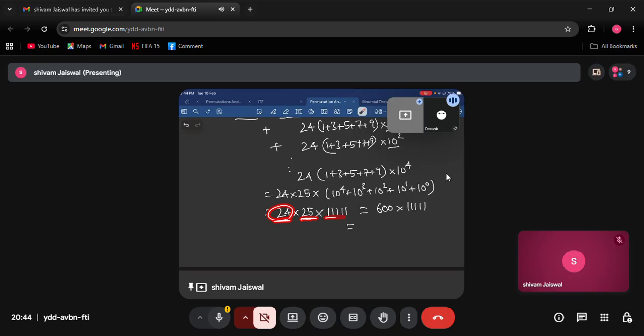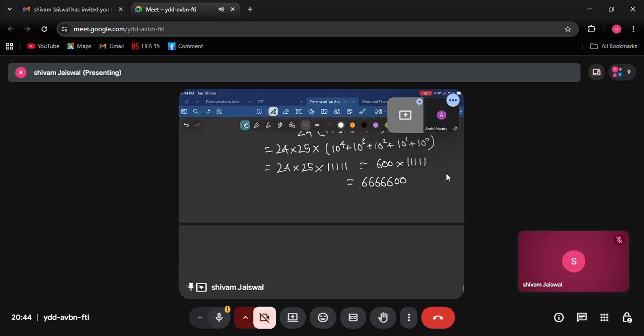This will be multiplied by 10 to the power 4 plus 10 cube plus 10 square plus 10 to the power 1 plus 10 to the power 0. Is it clear? How you have to write down the sum of all the numbers? This will give us 5 sixes and 2 zeros. I hope you people have understood the pattern.